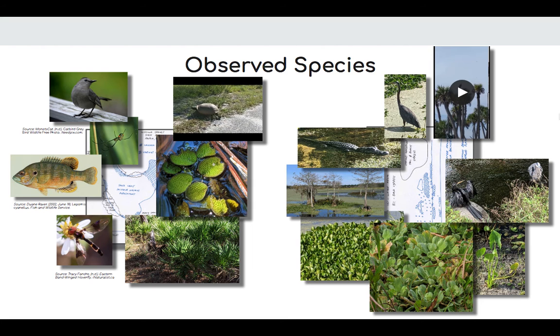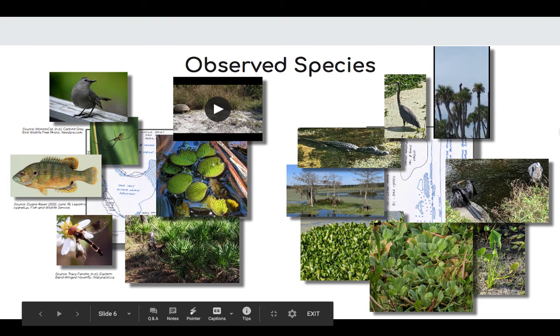There's gray catbirds that I observed, green sunfish, I believe it was western banded hoverflies, saw palmettos, Salvinia natans in the center below the gopher tortoise is one of the invasive species that I recorded at Sand Lake.